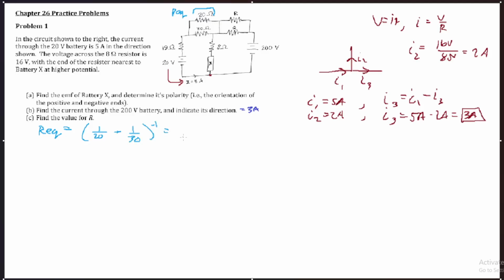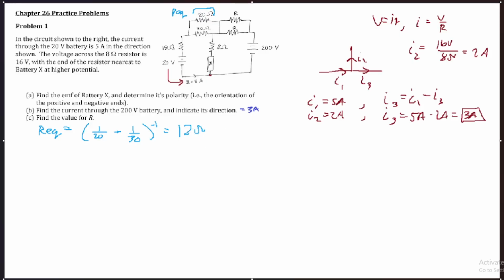When we plug this into the calculator, I believe we end up with, let me see, 12 ohms.